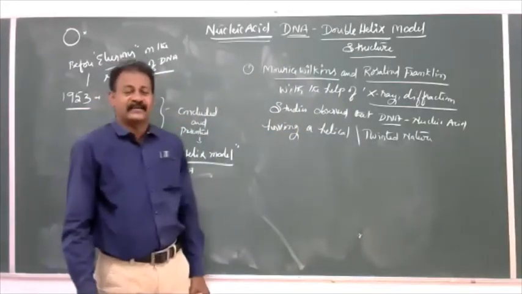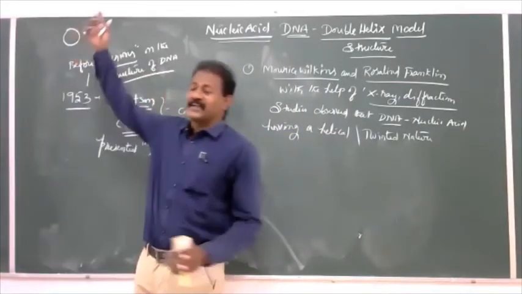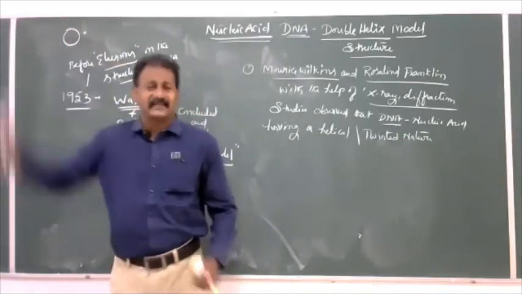So what they observed, so illusions are various types. DNA is like this, DNA is like that.